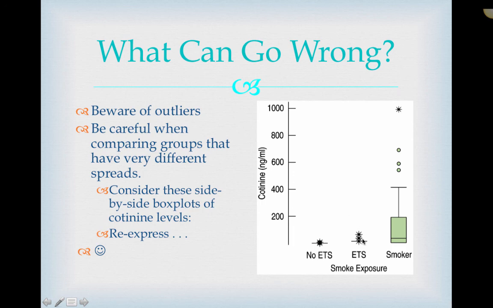One way to fix this would possibly be to re-express the data, or another way would be to use a different scale so that you can see what's happening down here. As of now, this comparison is useless because we have no idea what's actually happening between these 2 box plots. Other than that, that is it for Chapter 5.